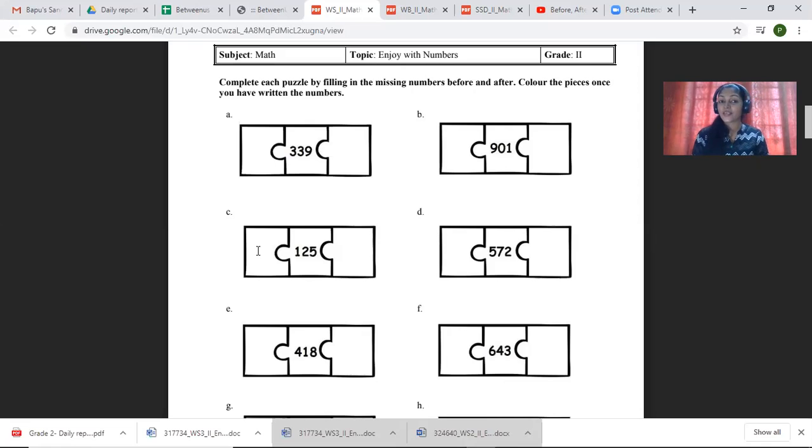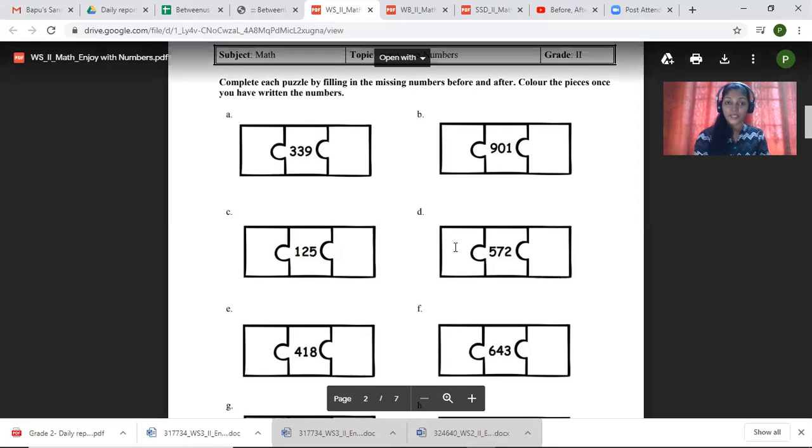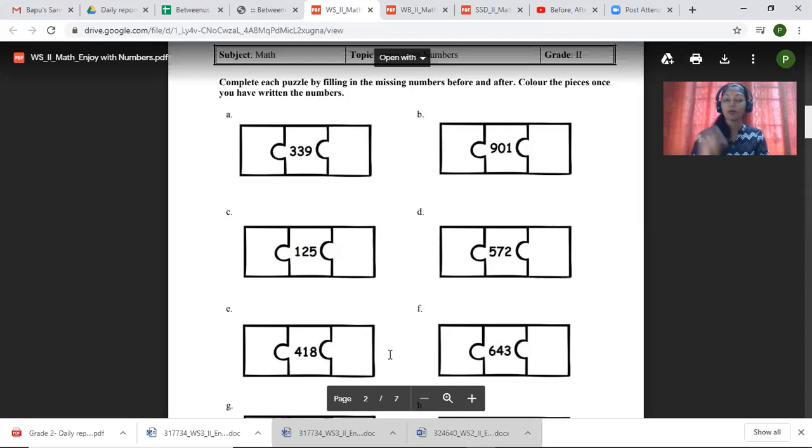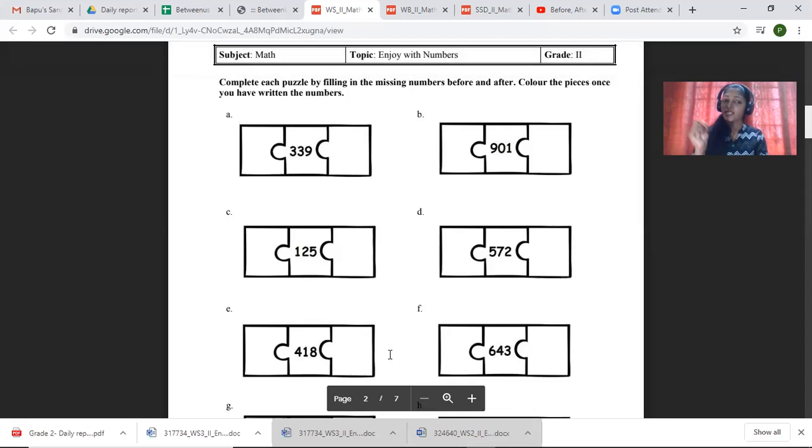It's 571. Good. And what is the next number? This is easy to find out. 571, 572 and 573. Good. Check your answer and put a tick mark. If you have written it wrong, just erase and do the correction. Okay?